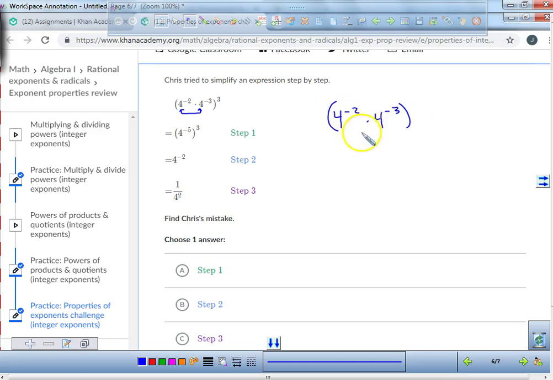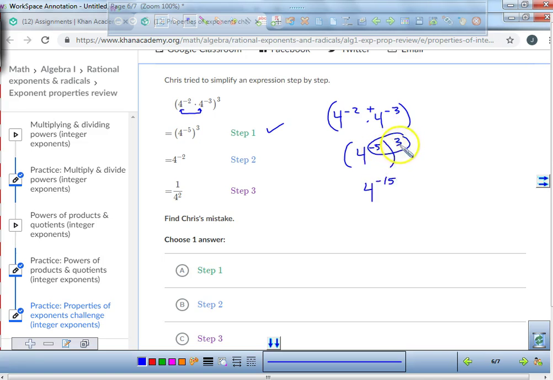Using the product property, I am allowed to take that exponent and add it to that exponent to get 4 to the power of -5. That step is right. That's the power property. What should Chris have simplified this to? It shouldn't be a -2. What should that be?